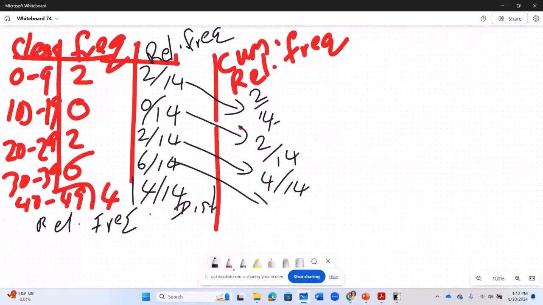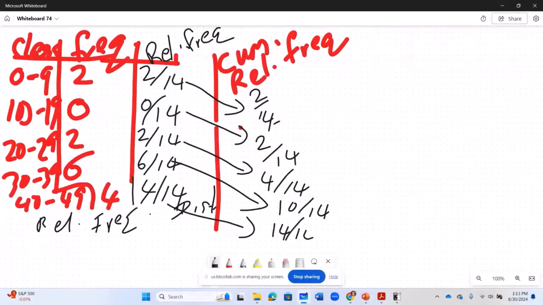The cumulative relative frequency of the fourth class is 4 plus 6, 10 out of 14. And the cumulative relative frequency of the last class, which is the fifth class, is 10 plus 4, 14 out of 14.